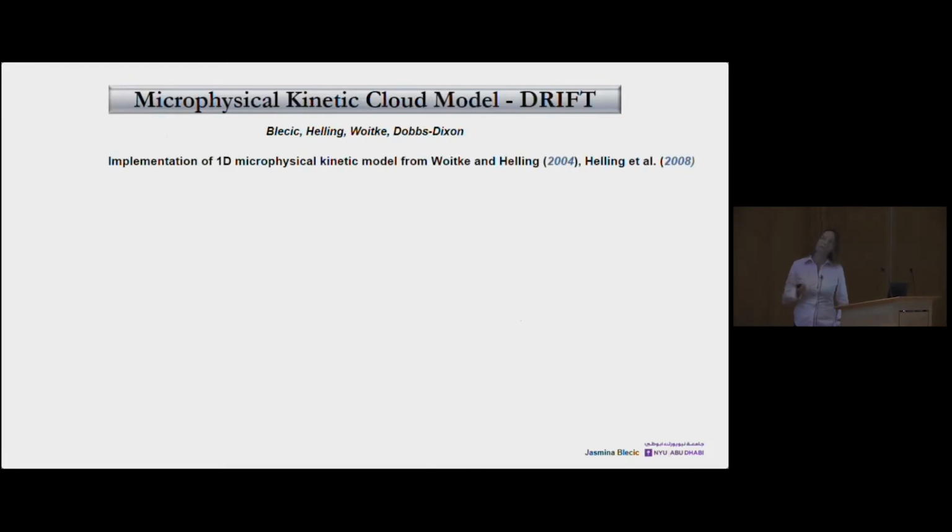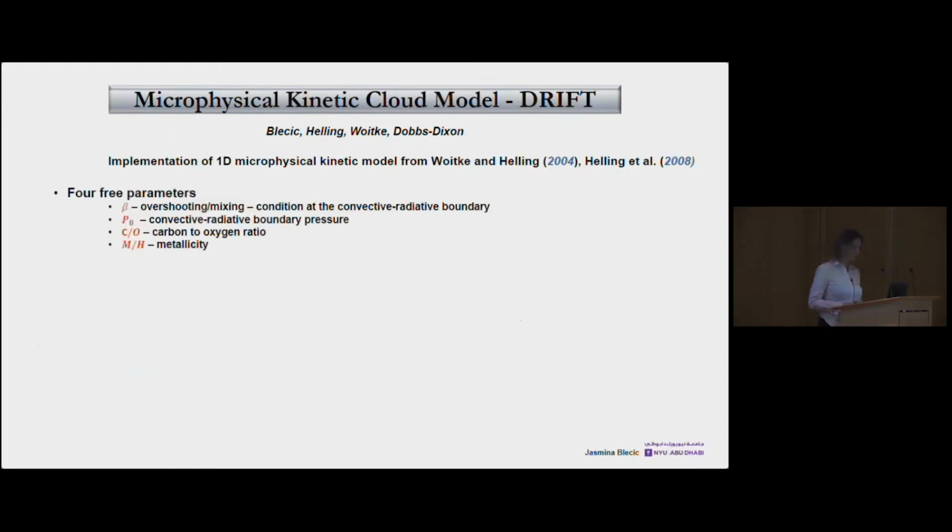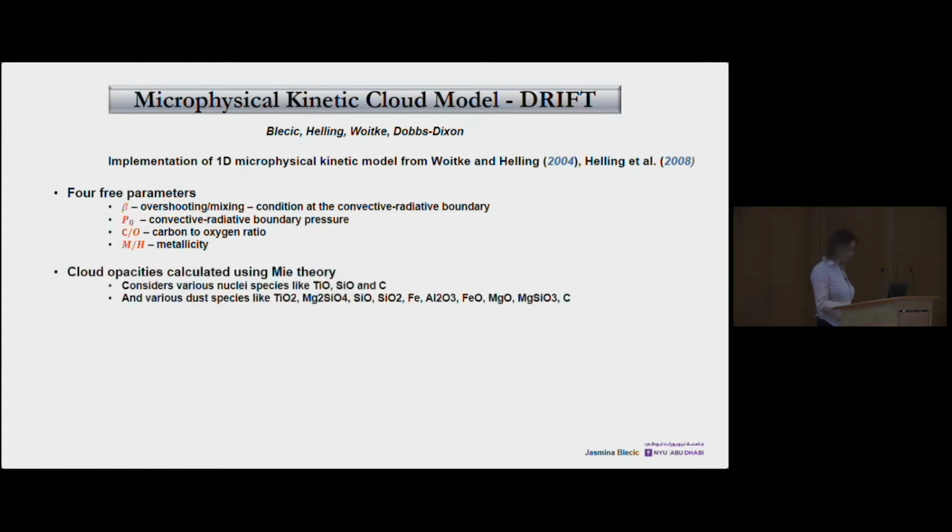I also wanted to briefly talk about my other model that we have in retrieval. We implemented a fully self-consistent one-dimensional microphysical kinetic model from Woitke and Helling et al. 2008. This model has 4 parameters: the overshooting or mixing parameter that defines the condition in the convective radiative boundary, the convective radiative boundary pressure, the carbon to oxygen ratio, and metallicity.